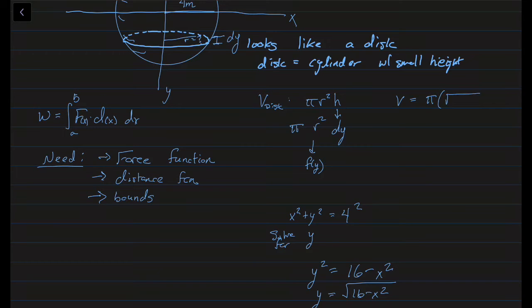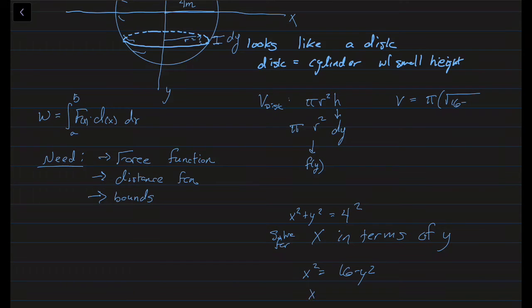So the volume is going to be equal to pi times the square root of 16 minus, well, we have it in terms of x, and we want it in terms of y. So let's redo this, solving for x in terms of y. We have x squared is equal to 16 minus y squared, so x is equal to the square root of 16 minus y squared.